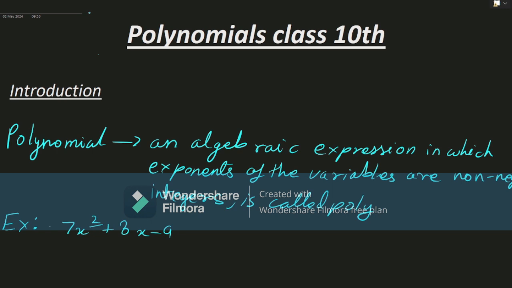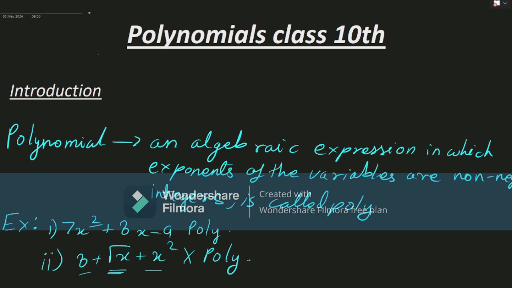Now let's take another example: 8 plus root x plus x square. Now in this one, this is not a polynomial. Why is this one not a polynomial? 8 plus root x plus x square. Now all the terms are fine, there's nothing to change, only the middle term, root x, is the problem.